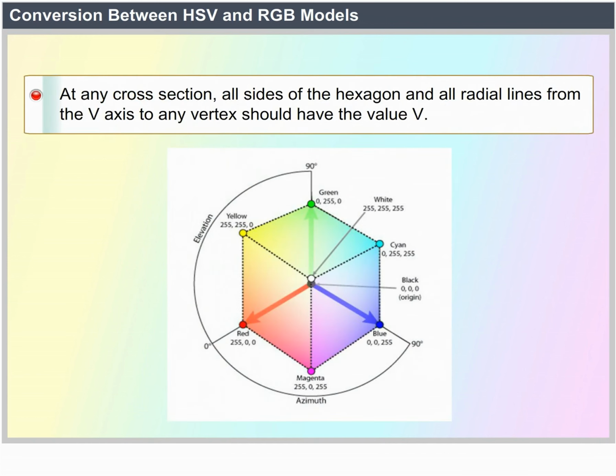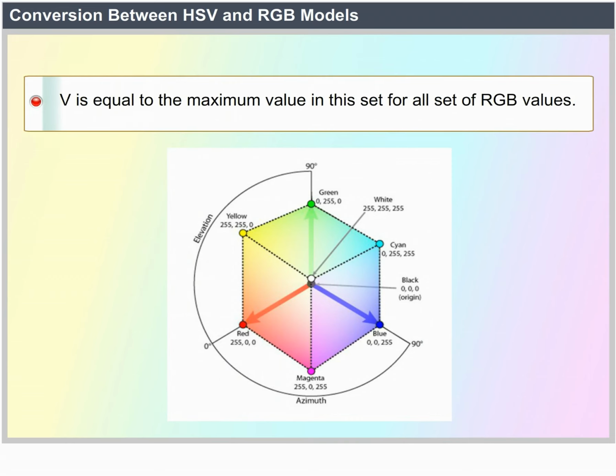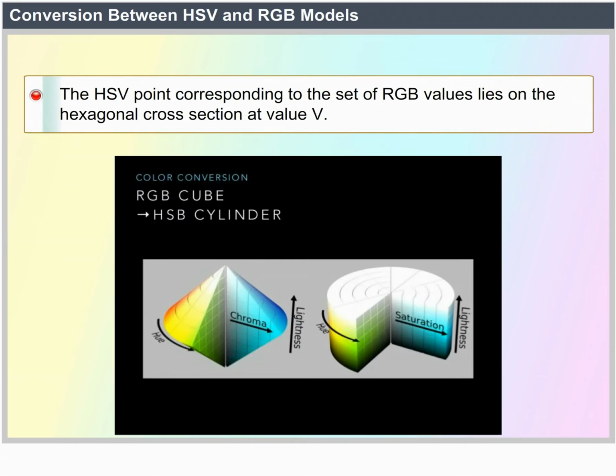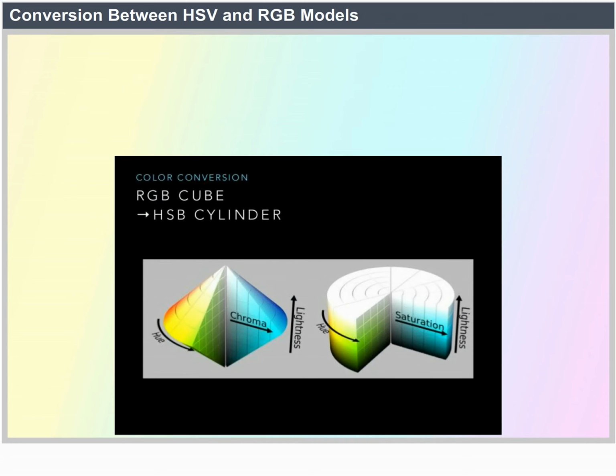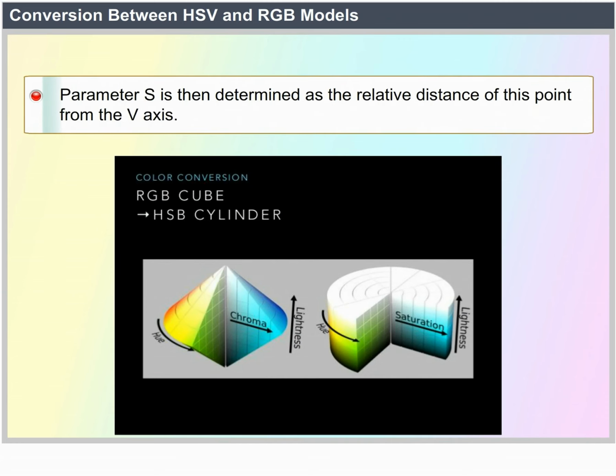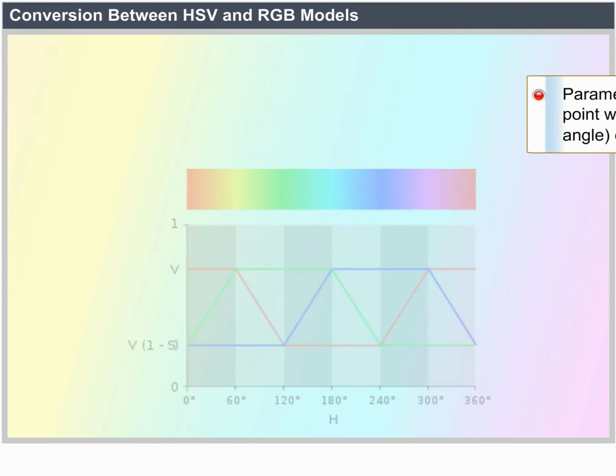At any cross-section, all sides of the hexagon and all radial lines from the V-axis to any vertex have the value V. For any set of RGB values, V is equal to the maximum value in this set. The HSV point corresponding to the set of RGB values lies on the hexagonal cross-section at value V. Parameter S is then determined as the relative distance of this point from the V-axis.